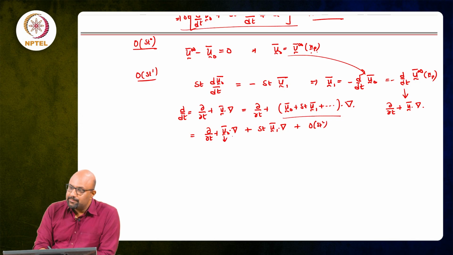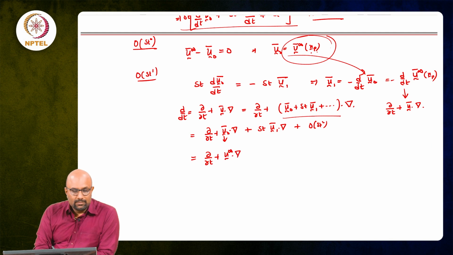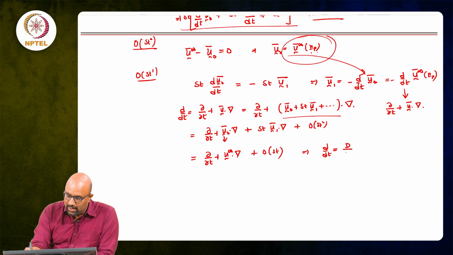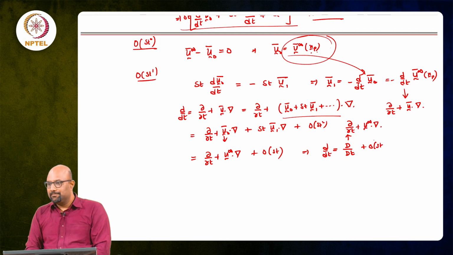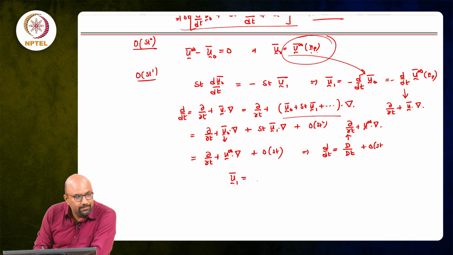Now what is u naught? It is the background. So this becomes dou/dou t plus u infinity dot del, and then there are order Stokes terms. So the purpose of doing all of this is that d/dt is now going to be capital D/Dt plus order Stokes, where capital D/Dt is the material derivative as measured along a fluid streamline, which is something that is now convenient, because now we can write u1, because u1 is strictly a correction that is order Stokes.